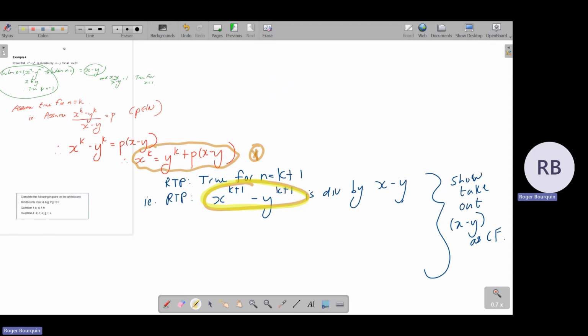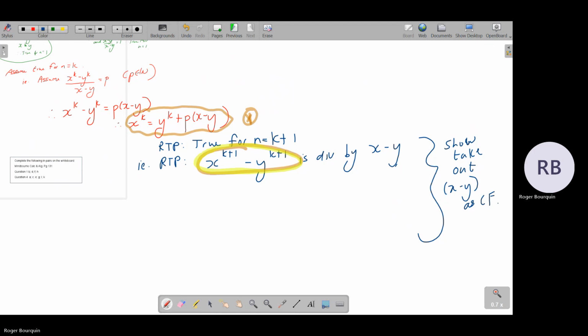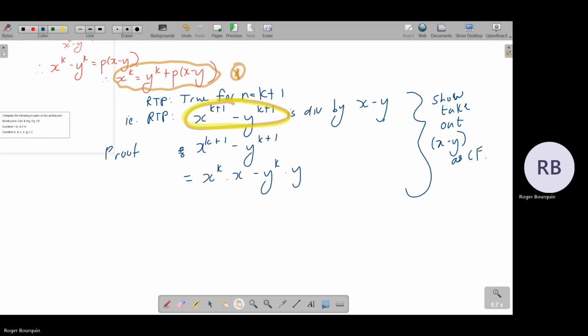Okay, so what did you do first? Hang on. x to the k plus 1 minus y to the k plus 1 is equal to your expression. Okay, good.